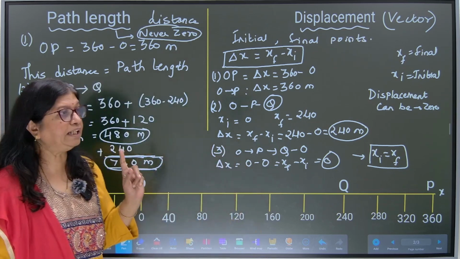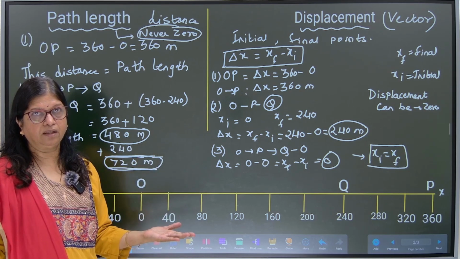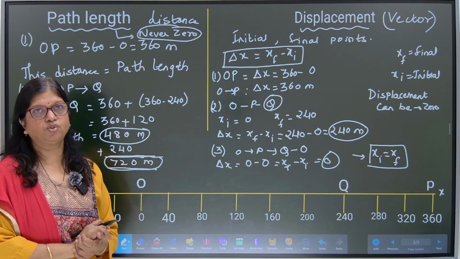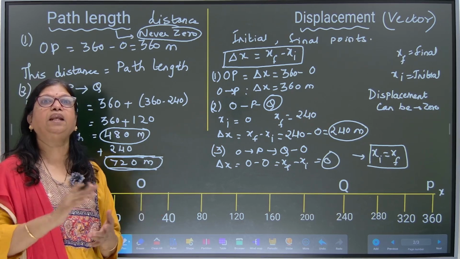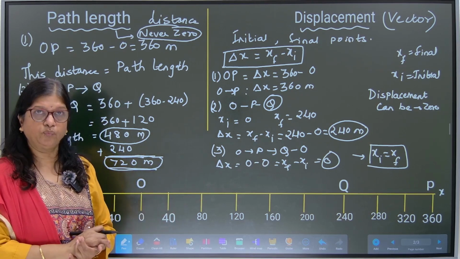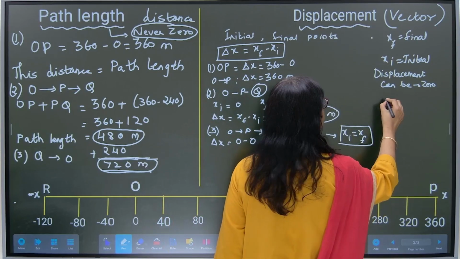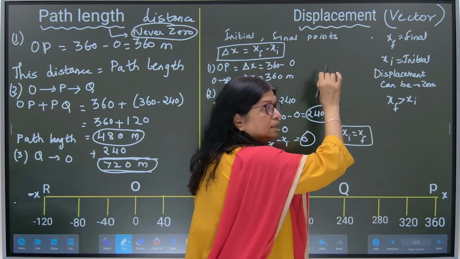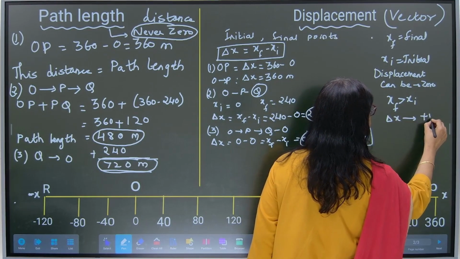Now, in the case of path length, I only have to add the distance traveled, so my answer will never be negative. But in displacement, the answer can be negative or positive. If I'm going in the negative x direction, my answer will be negative. If xf is greater than xi, then delta x is positive.